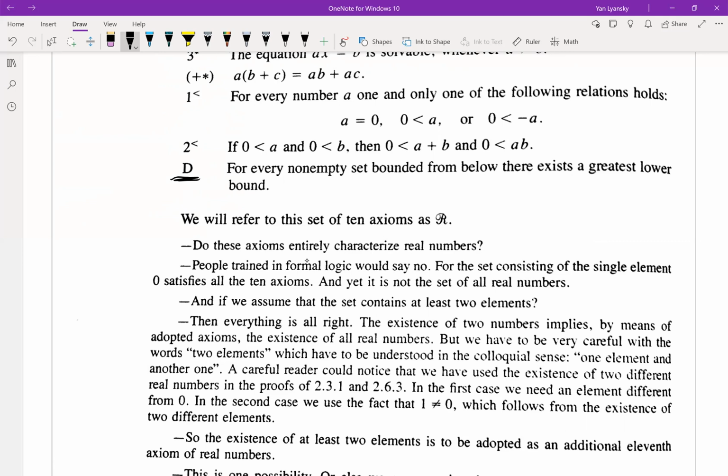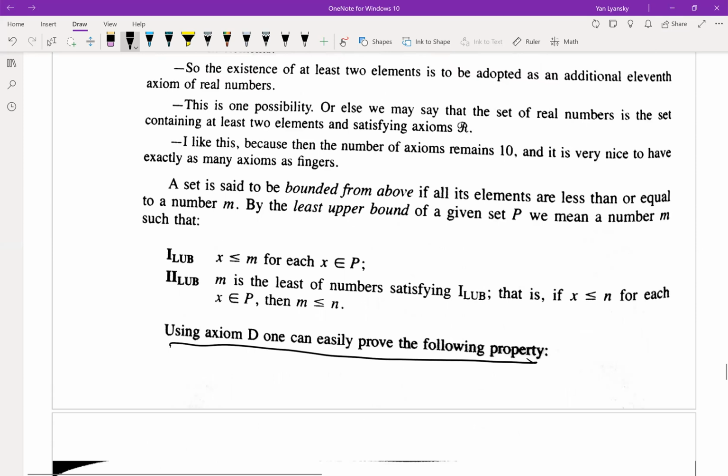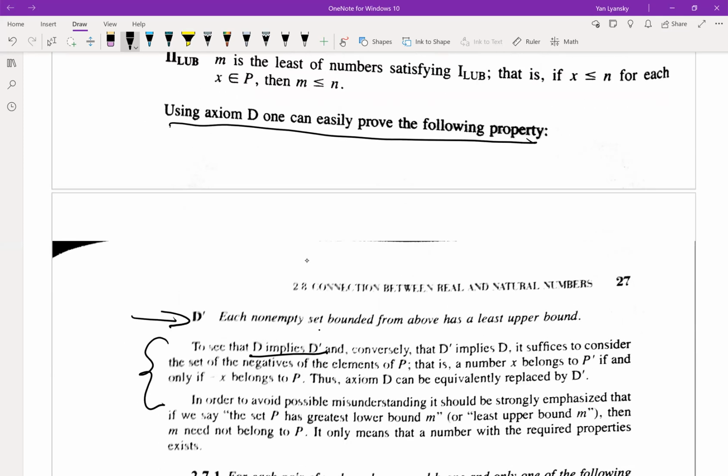If you take all the elements of your set and take the negative of them, the set bounded from below becomes bounded from above.